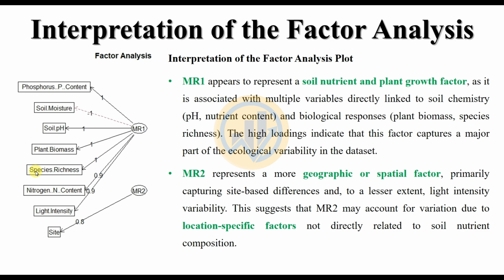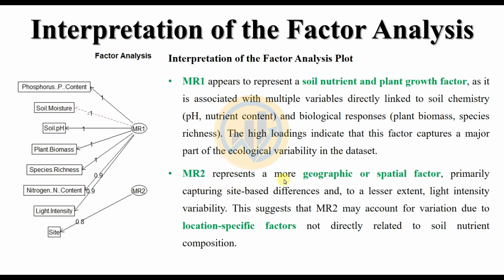It is associated with multiple variables directly linked to soil chemistry, for example pH and nutrient content, and biological responses, plant biomass and species richness. The high loadings indicate that this factor captures a major part of the ecological variability in the dataset.